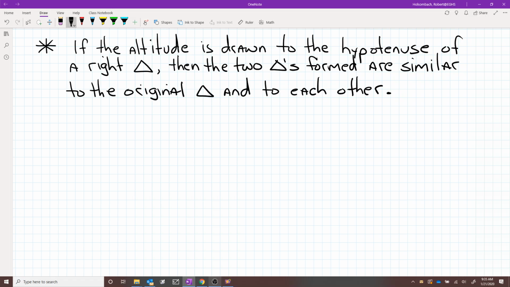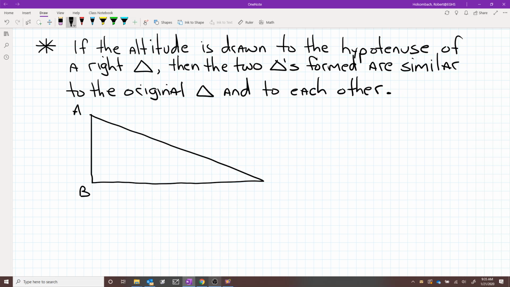What that means is if you've got a right triangle, and if this is triangle ABC, the altitude of a triangle goes from a vertex to an opposite side, and it intersects it at 90 degrees.